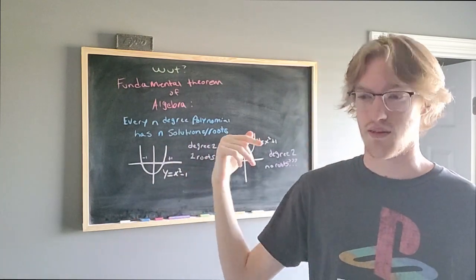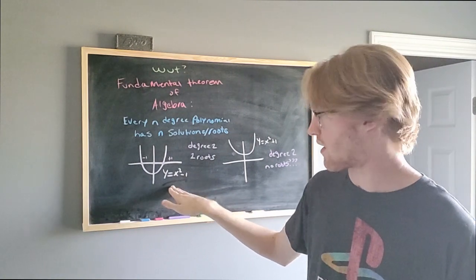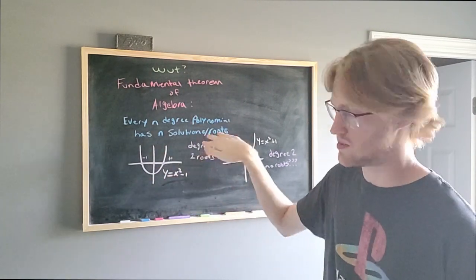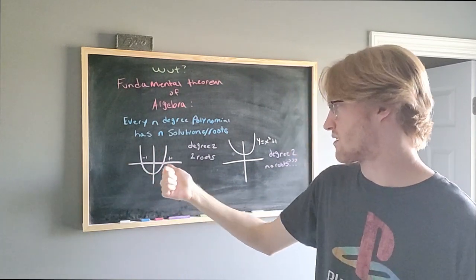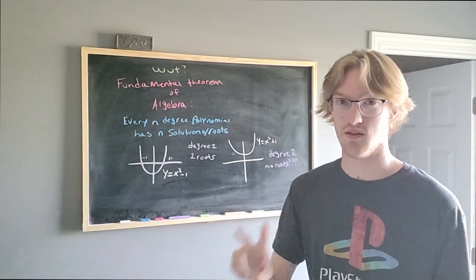For example, a simple equation like x squared minus 1, just a simple parabola, intersects the x-axis twice: -1, +1, two solutions.